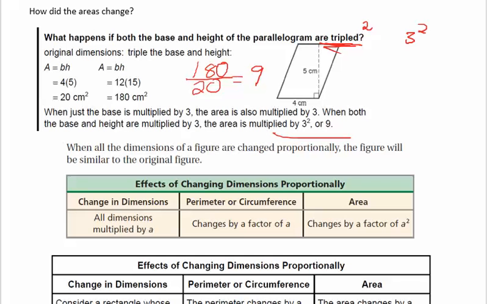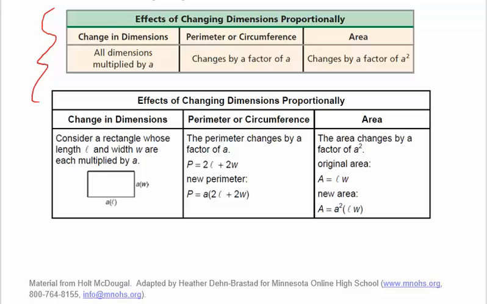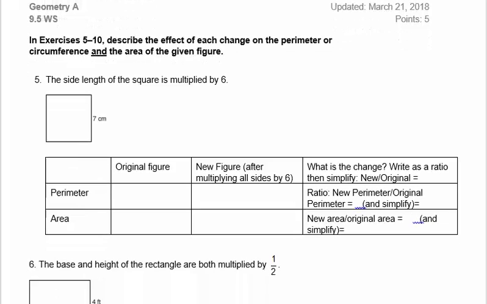And that's what this says here. If you multiply all dimensions by a, the perimeter, and we didn't look at this yet, will just change by a factor of a. The area will change by a factor of a squared. And here's another example with a rectangle, and you can see that that's going to be true.